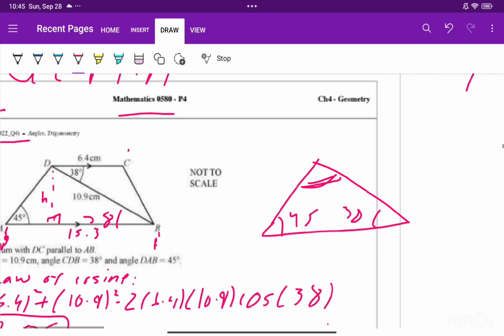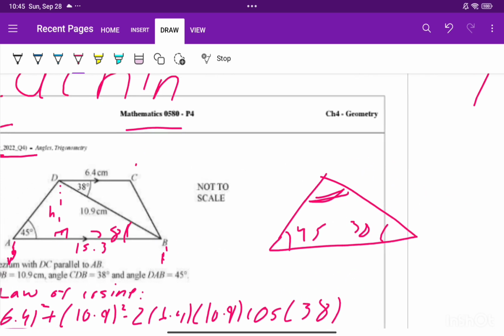So we know this angle DAB, which is 38 degrees, and DC is 10.9. The side opposite 38 is the height, and this is the adjacent, which we don't know, and the 10.9 side is the hypotenuse. So we will use sine.